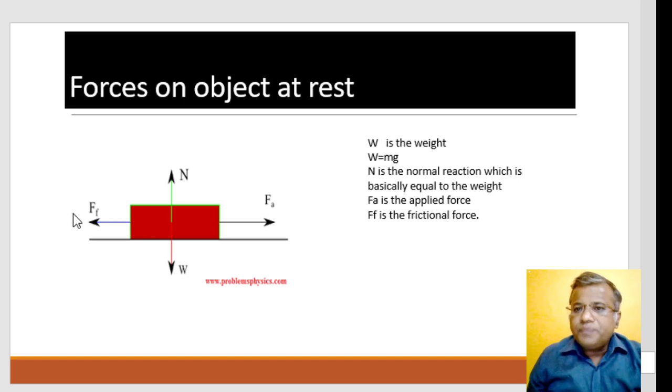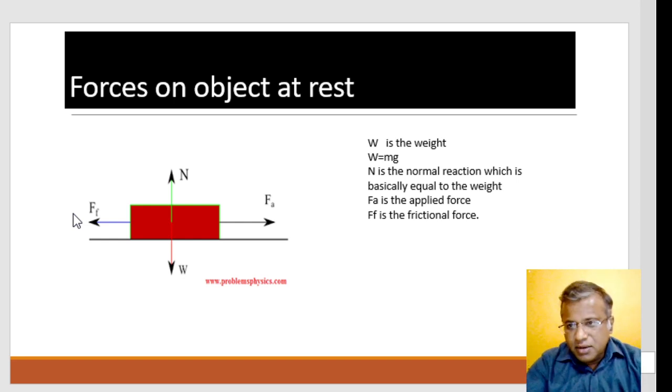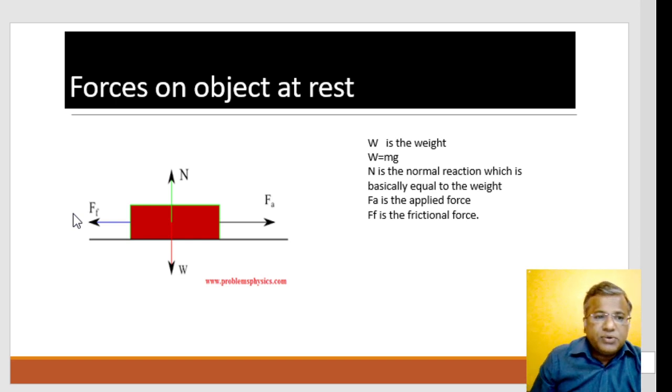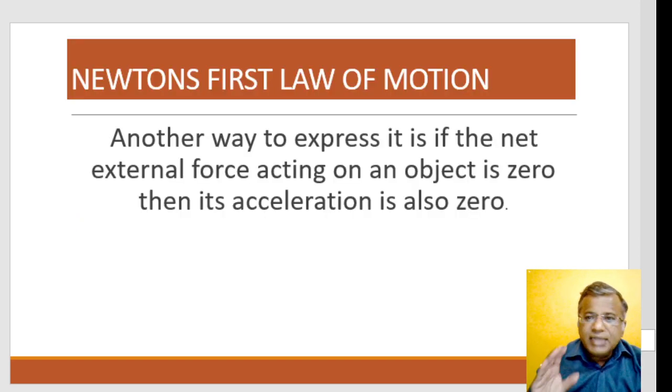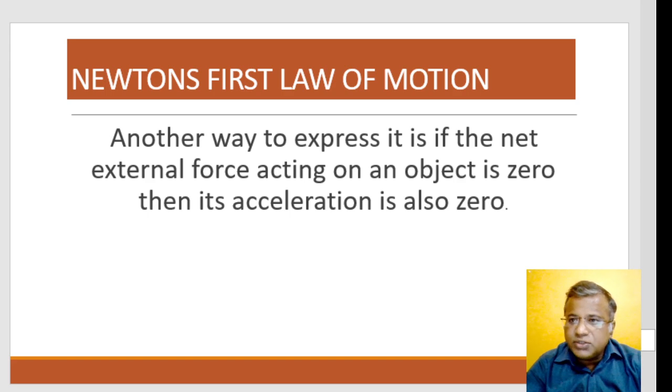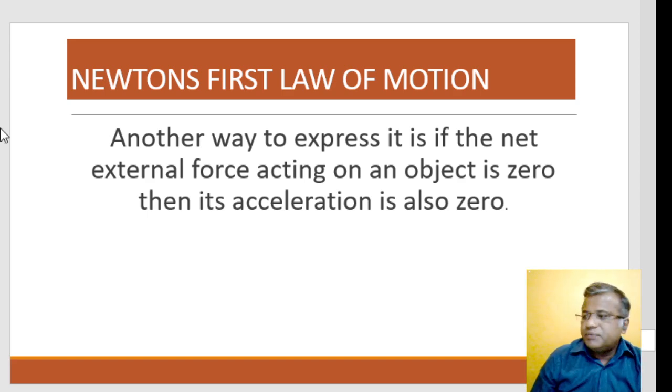Because the net vertical force is zero and the net horizontal force is zero, the object is at rest. But as the statement goes, why is the object at rest? Because it's not that force is not acting on it, but the net external force acting on the object is zero, hence its acceleration is zero, or the object is at rest.